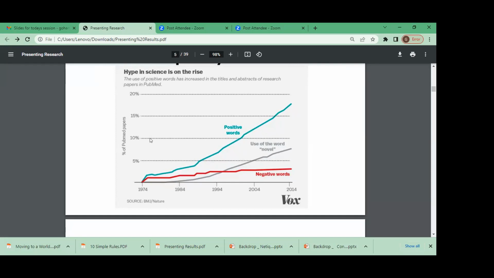This is one of the challenges that we are facing right now, that the whole scientific literature is filled with these kinds of positive words, where you always want to look for the significant results. But please know this, reporting non-significant results is also important.